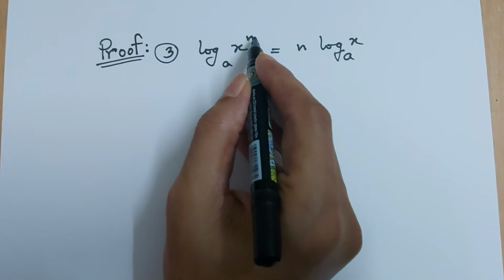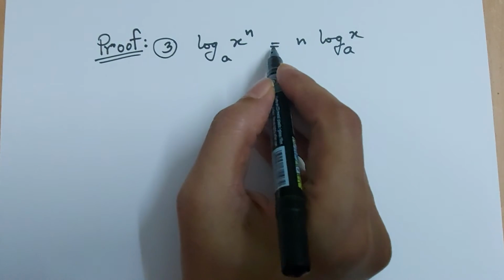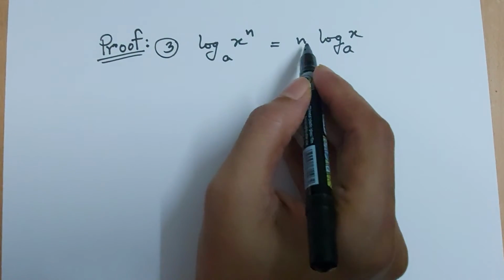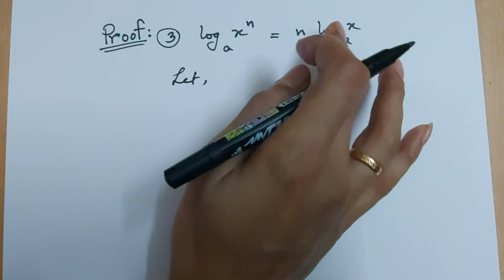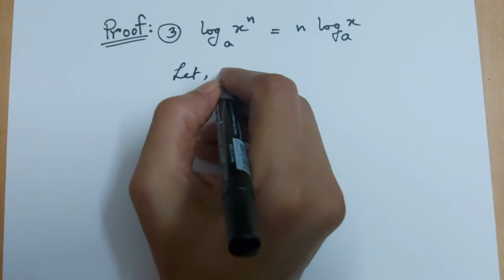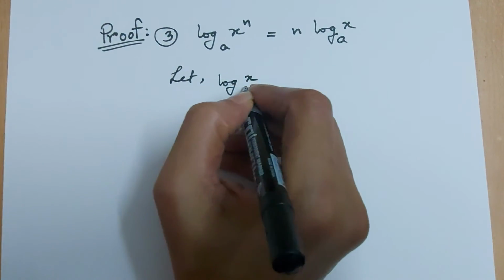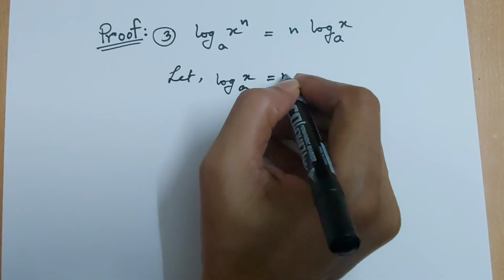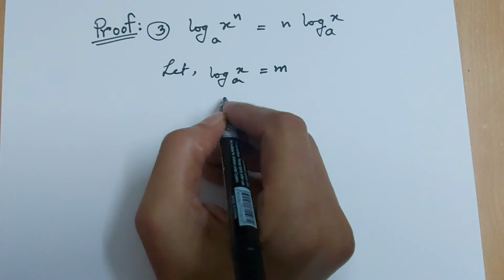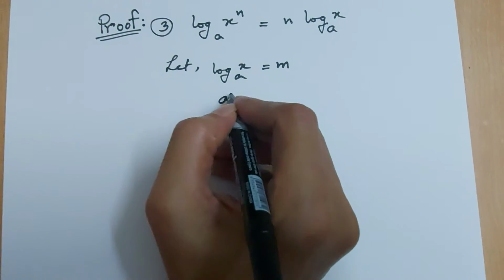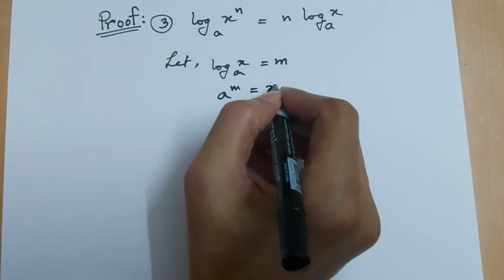Log x to the power n to the base a equal to n times log x to the base a. Let log x to the base a equal to m. Now I will write in exponential form that a power m equal to x.